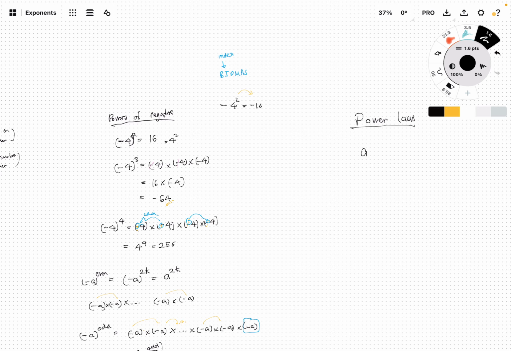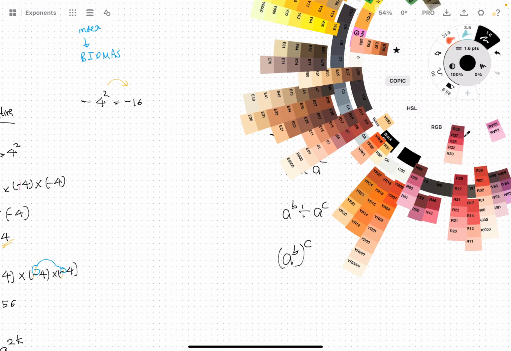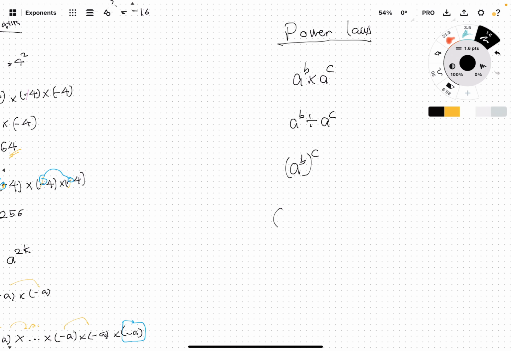There's a few power laws. So these are the 3 power laws. I haven't filled them in yet, but essentially what the power laws give you is a shortcut to compute these. Actually, also remember these. There's also these.